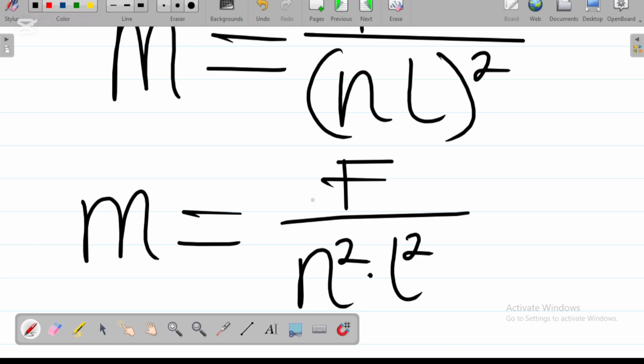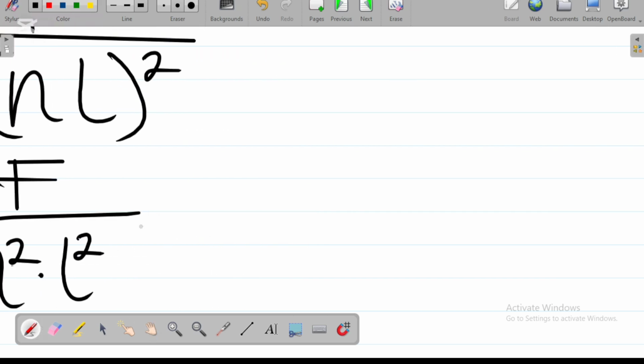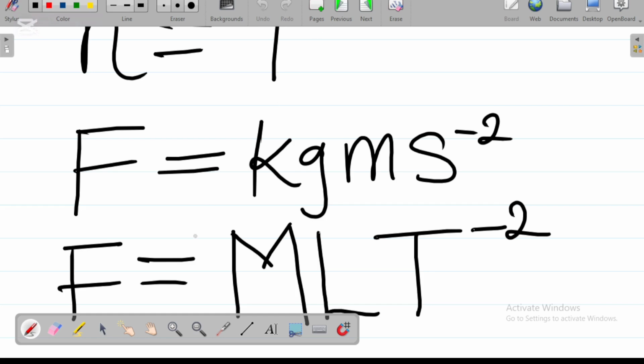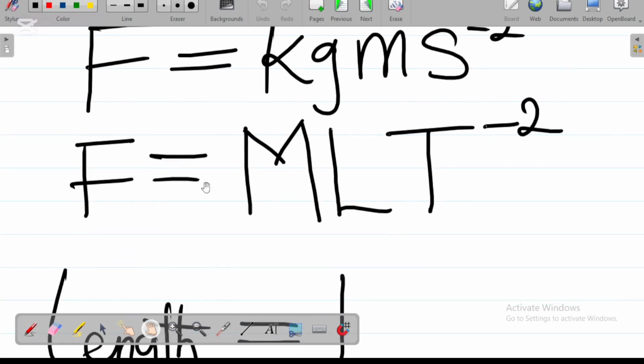Alright, so at this point, we are going to substitute dimensions. We are going to substitute the dimension of F, the dimension of N, and the dimension of L. So what's the dimension of F? Let's check. The dimension of F is equal to MLT raised to power negative 2.